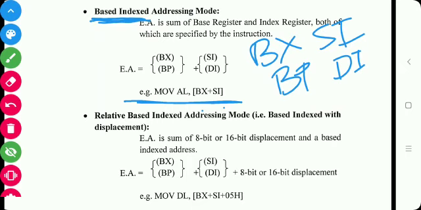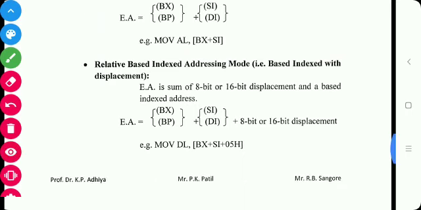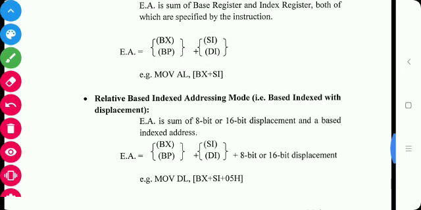You have to give examples for each and every addressing mode. Then, relative based index addressing mode. Here the effective address is the addition of one base register, one index register, plus the 8-bit or 16-bit displacement field.